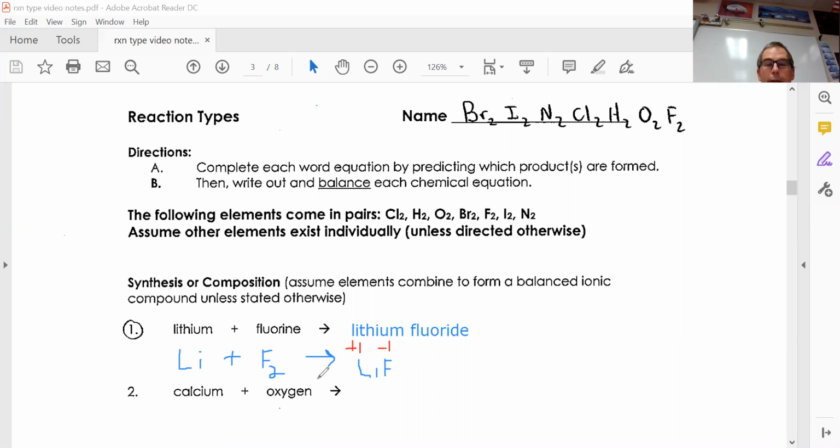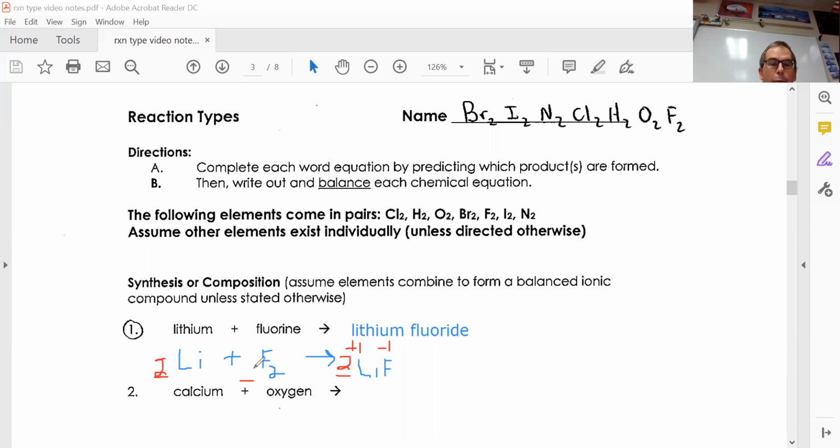So this is the right formula. Notice I can't just take the 2 and put it over there. I got to get the right chemical formula first. This is lithium, goes by itself, fluorine goes in pairs, and then lithium fluoride is the right thing. Now I can put numbers in front to balance the coefficients. And I look here, what's different? I have 2 fluorines here, so I put a 2 in front here, but that gives me 2 lithiums, so now I put a 2 in front right here.